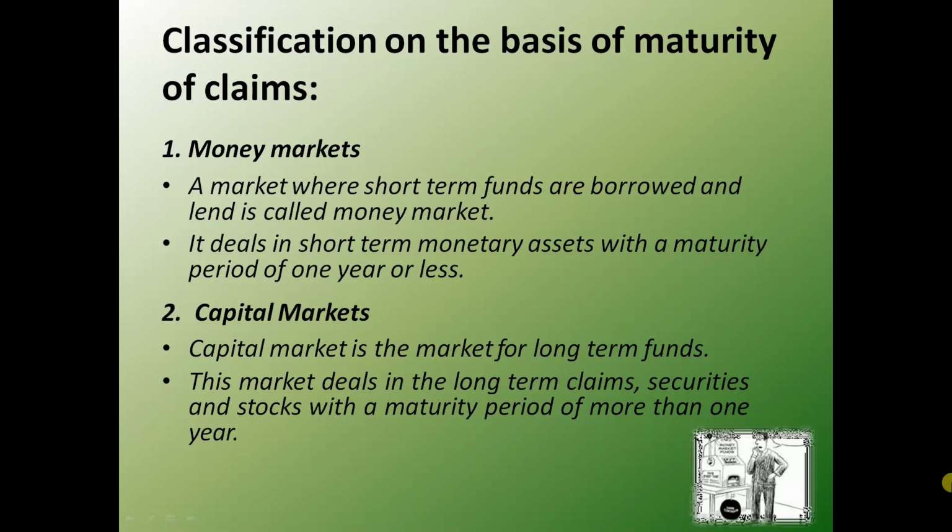It deals in short-term monetary assets with a maturity period of less than 1 year, that is 365 days. Whereas capital market is a market for long-term funds. This market deals in long-term claims, securities, and stocks with a maturity period of more than 1 year.